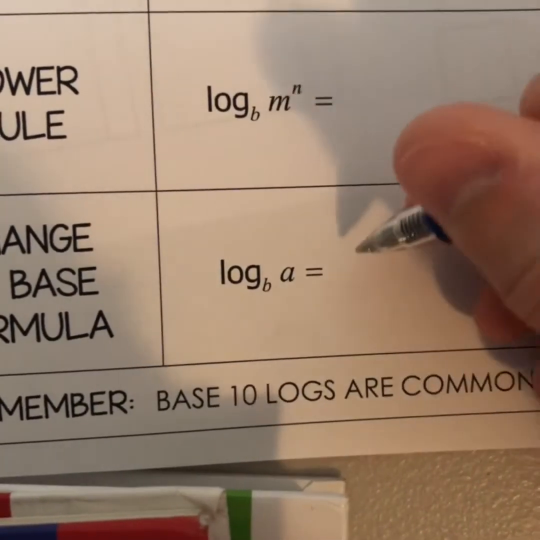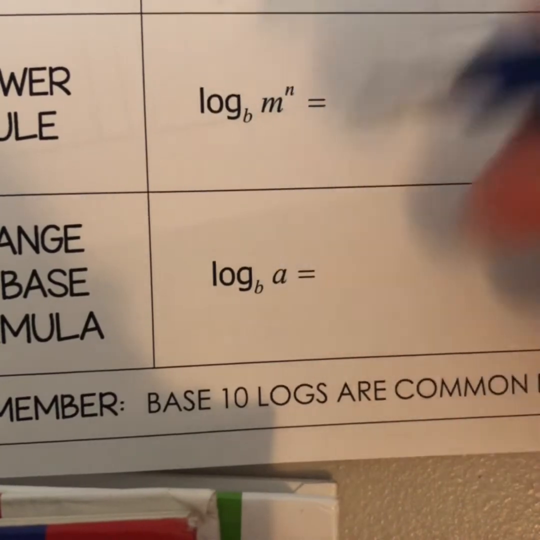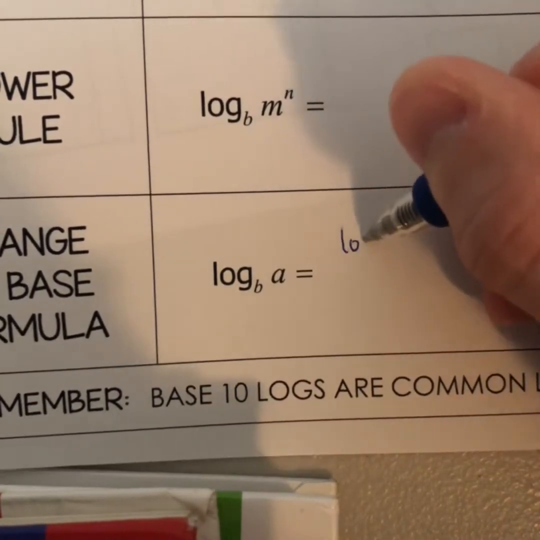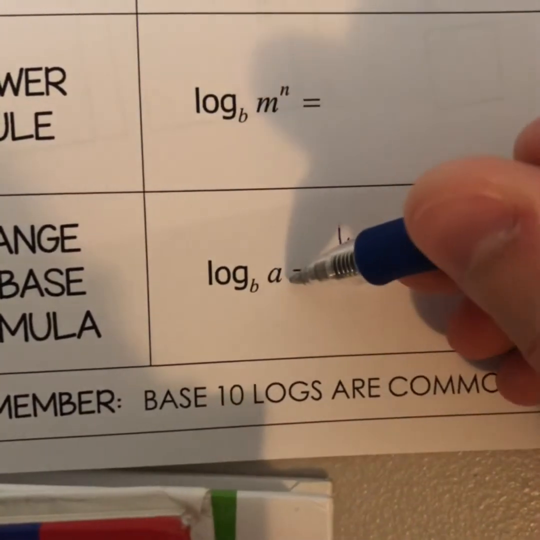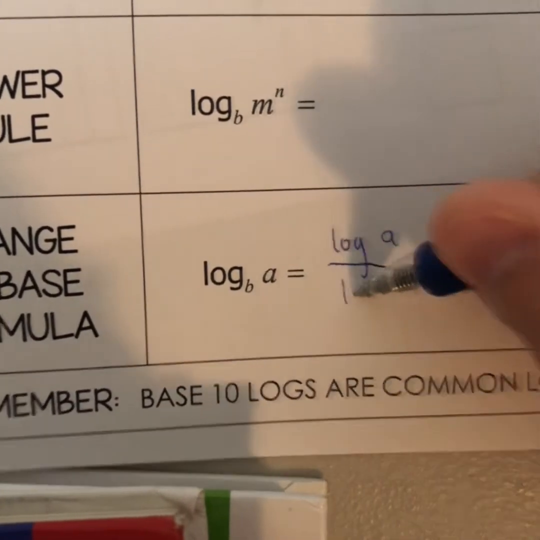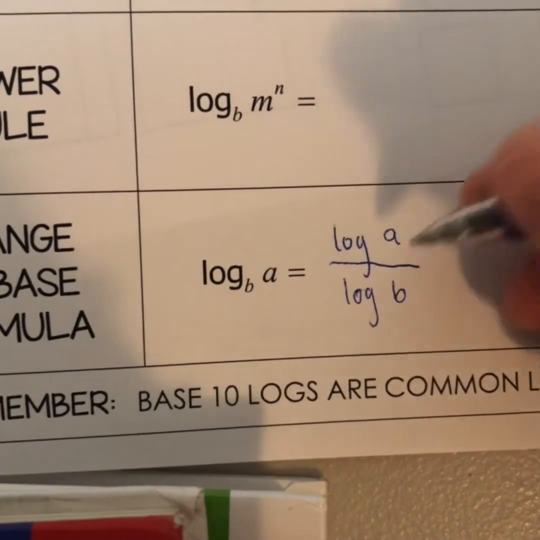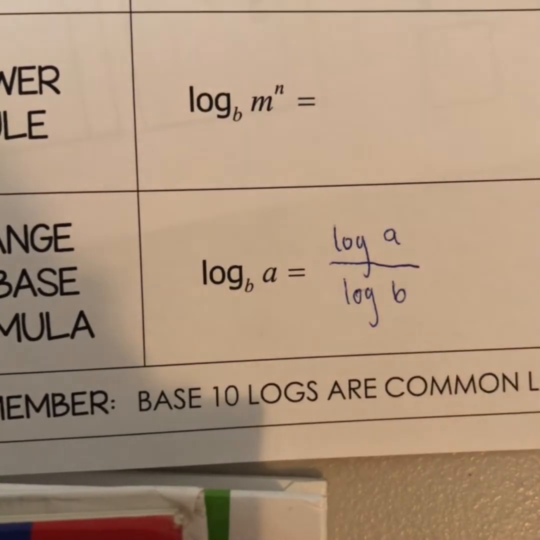All we have to do is we can actually evaluate this logarithm. This is just a general case, but we just have to take log of a divided by log of b. Remember the common log has base 10.